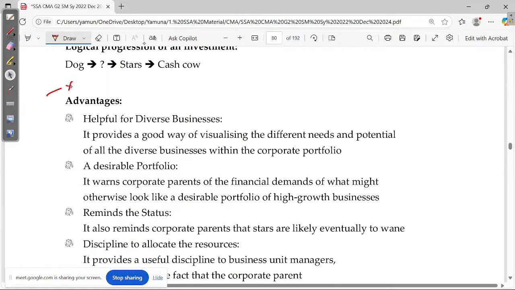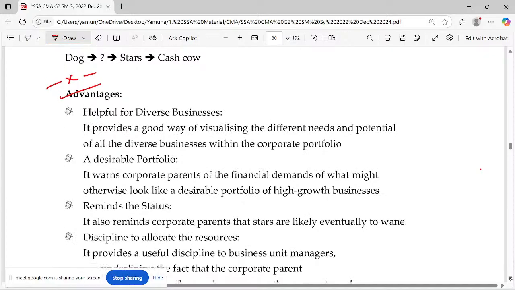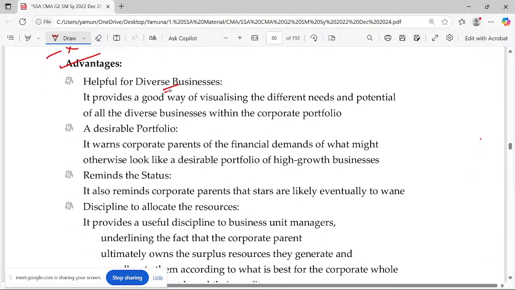Okay, can you please go to the advantages? If you are doing different businesses, then this will be helpful. If you are doing one single product, this is not going to be helpful. Because if you have some 10 products, one product will be a star, one product will be a cash cow. I'm not going to define all the four.